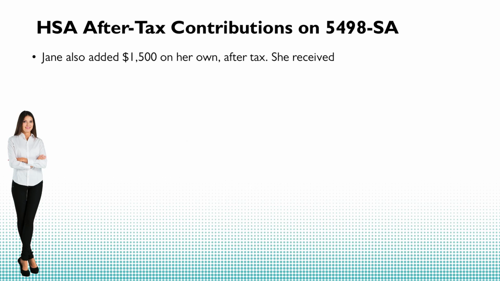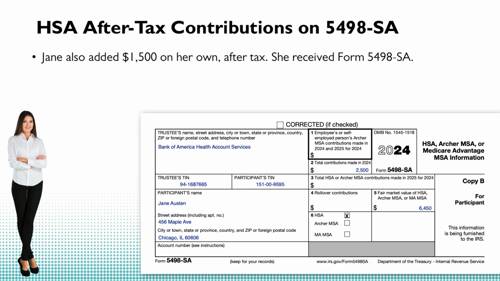We also know that Jane contributed $1,500 of her own after-tax money to her HSA and received Form 5498SA. Let's go over the form. At the top, it shows the HSA trustee along with Jane's name, address, and Social Security number.